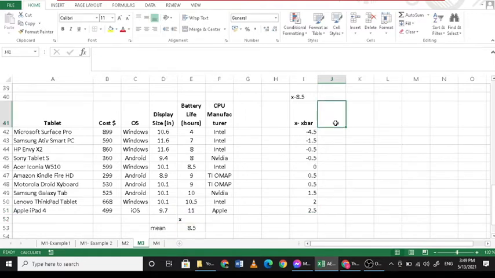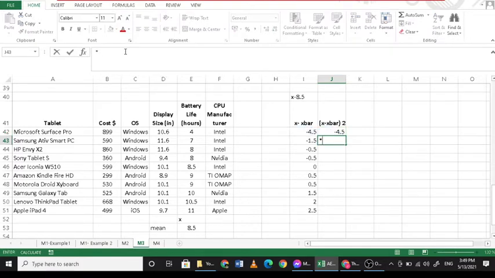The next column is x minus x bar squared, or raised to 2. I forgot the caret key is broken, but this is supposedly raised to the power of 2, so you simply multiply each value with itself.